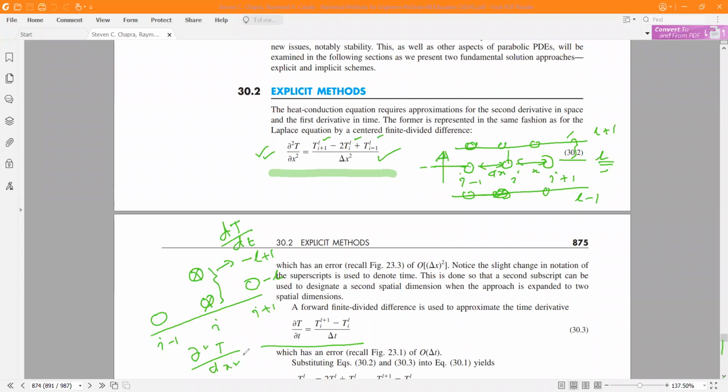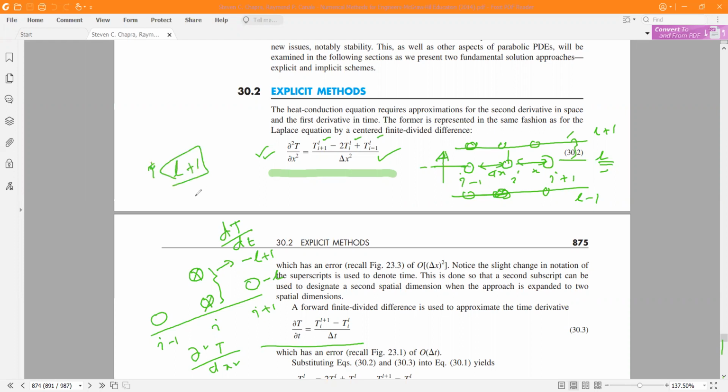Our objective is what? Our objective is we have to solve for what? If we want to keep our position fixed, then we can march in time to calculate the new values of T. And that new value of T will be at L plus 1.